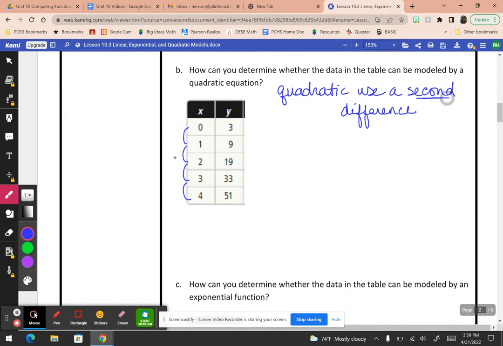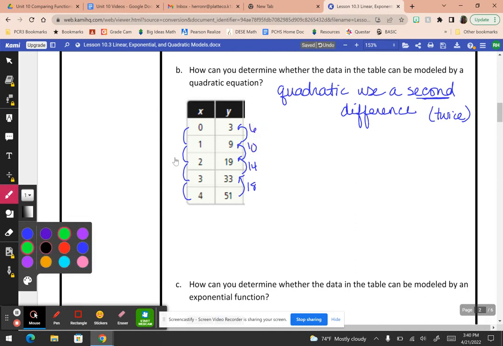Second difference means that we subtract twice. I'm going to subtract like I did on my first one, just like with linear. And every time I subtract here, it's different, and it's supposed to be. So this one's 18, this one is 14, then I have 10 here, and then I have 6 on this one. The second difference means that you're going to go again with subtraction and do it another time.